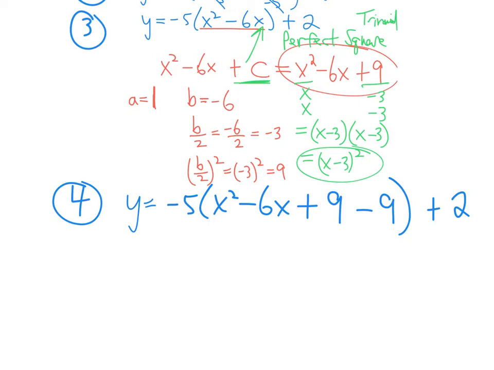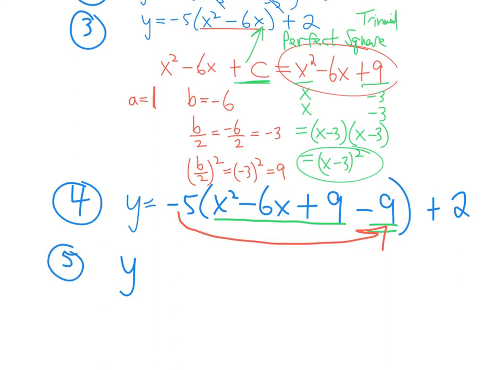Now we have completed the square, but we want the perfect square trinomial to remain in the brackets, which is what I just underlined. The subtract 9 is not part of the perfect square. So how do we allow the perfect square to remain and remove the negative 9? The way we do that is by using the distributive property. We multiply this negative 5 by the negative 9, and as a result, the negative 9 is no longer in the brackets.